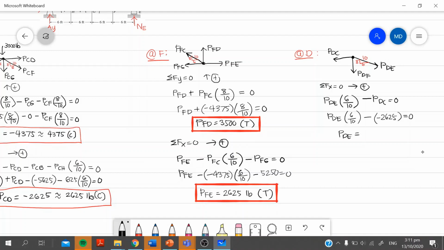So the answer is negative 4375, or 4375 compression. There you go.